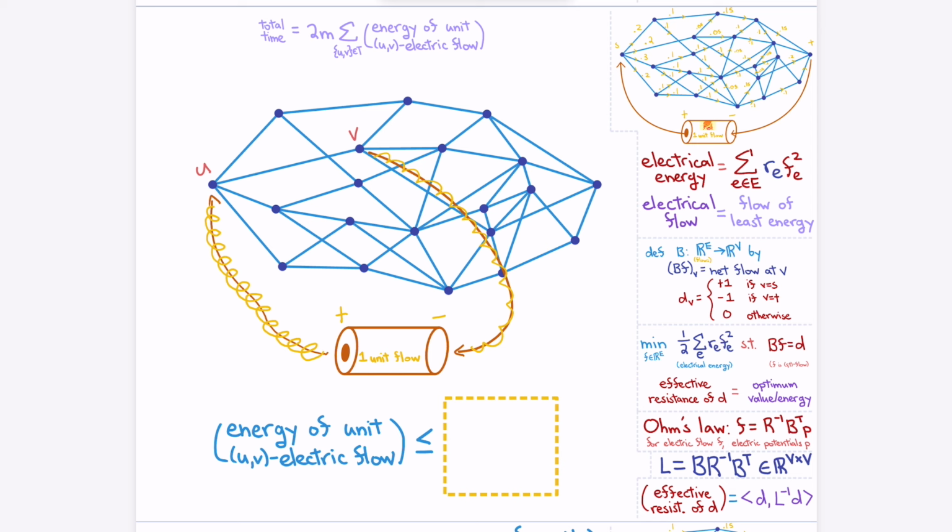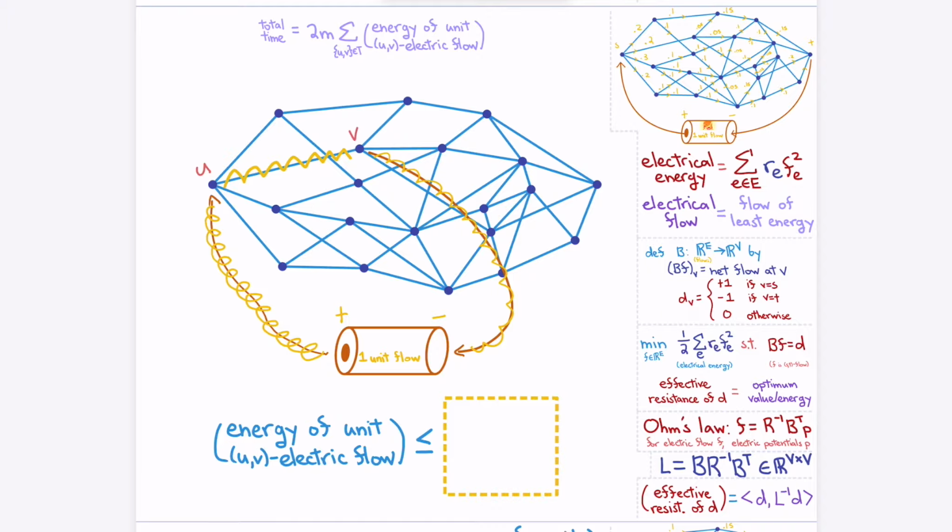Okay, 1. What is the 1? Battery. Well, but no, it's not. In fact, that's like the only answer you could have given that's wrong. What would be a flow from U to V of energy 1? Path? How about an edge? Okay, that's some flow that gets you energy 1. The electrical flow is only going to do better.